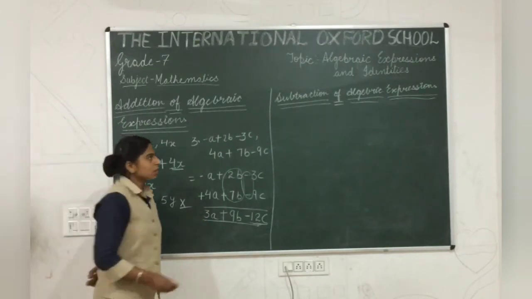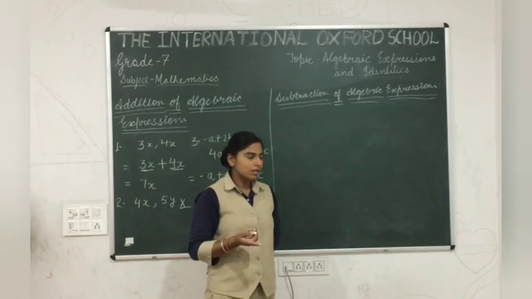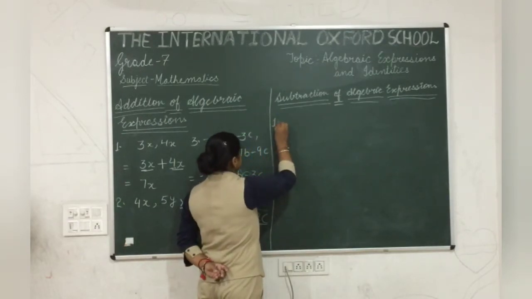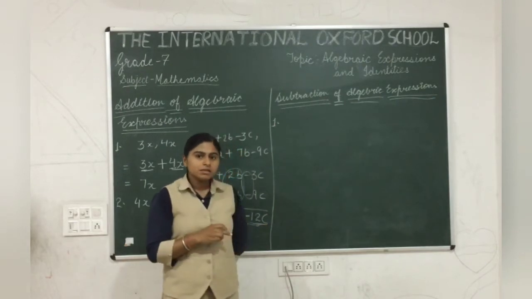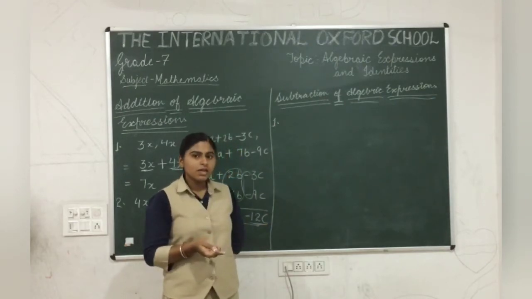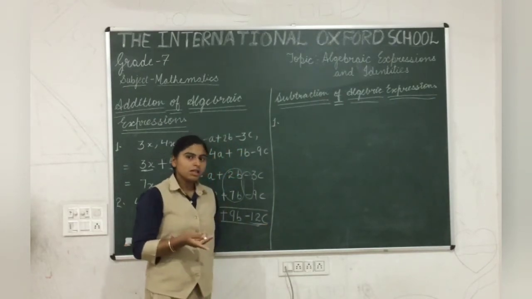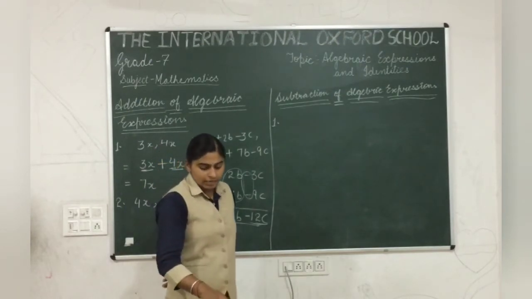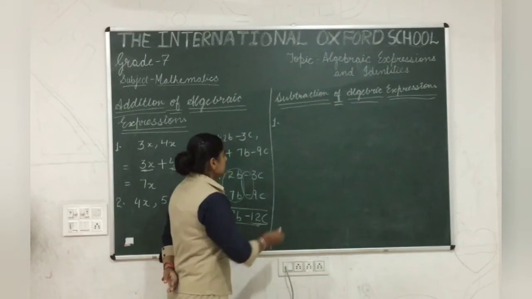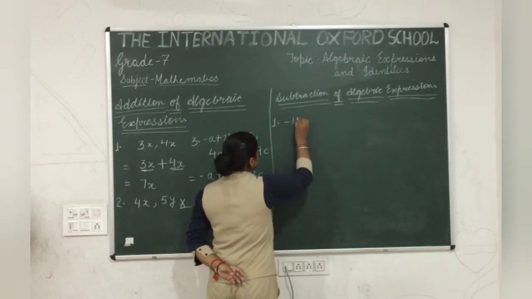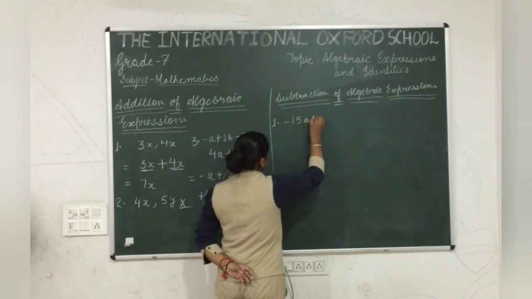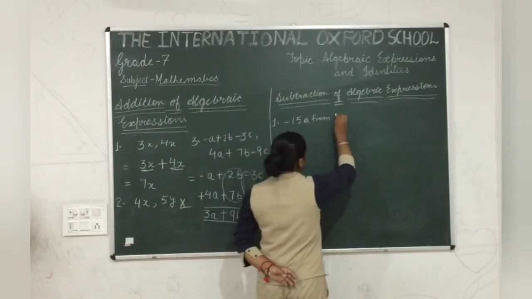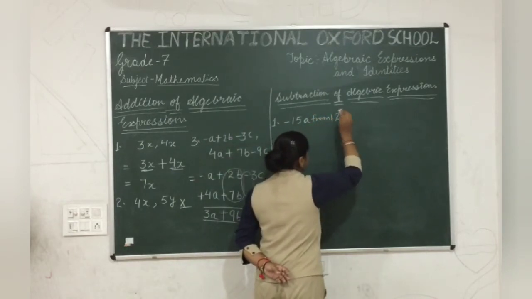Now we will discuss the subtraction of algebraic expression. Same here, the subtraction is possible if both the variables or both the terms are like terms. Let's take an example, that is minus 15a from 12a.